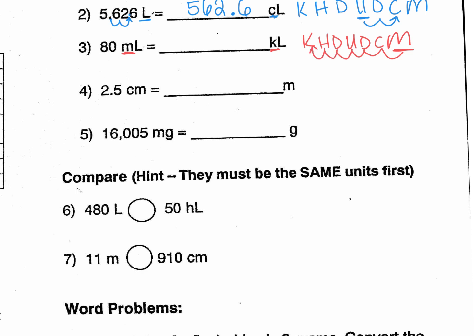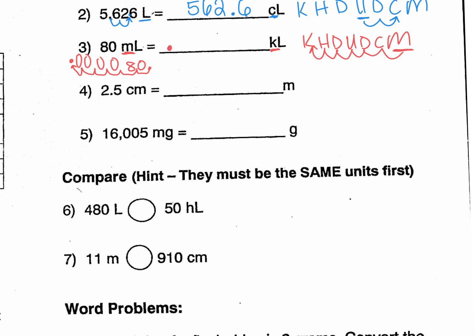Now notice I don't have a decimal here. So I'm going to write 80. I'm going to start my decimal at the end since it is a whole number. And remember, I got to move 6 places to the left. So 1, 2, 3, 4, 5, 6. My decimal is here, and I plug in a 0 for each of those gaps that I didn't have a number for.